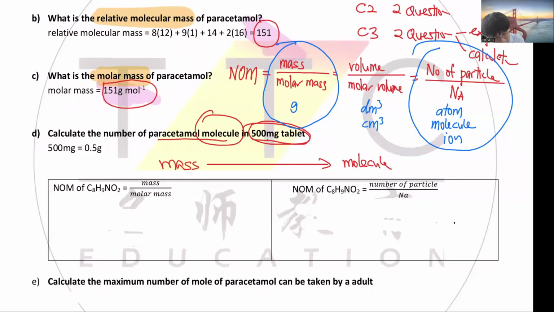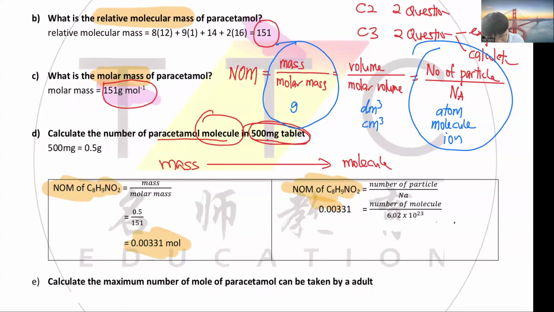First we take the mass now, 0.5 gram, divide by the molar mass, 151. You get the number of mole is this. And because number of mole is the same, you can put in here, 0.00331.